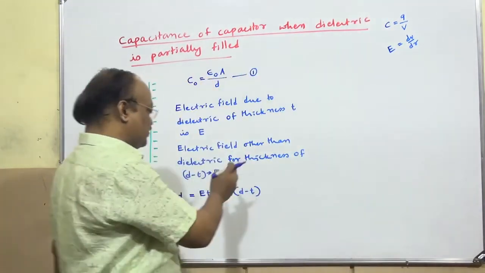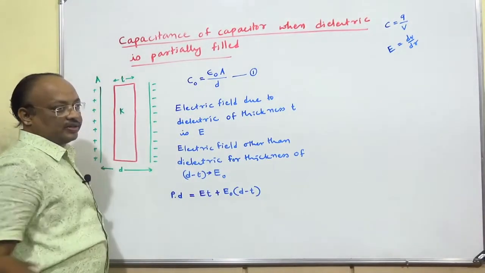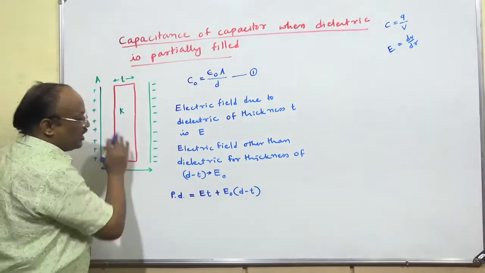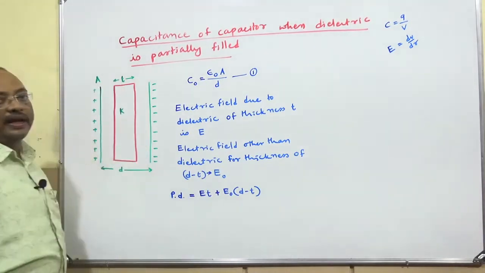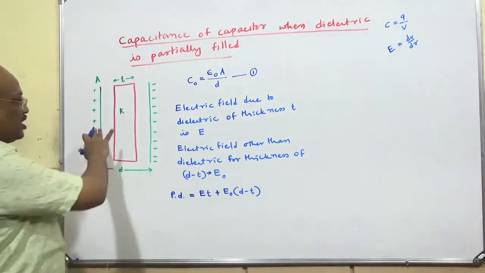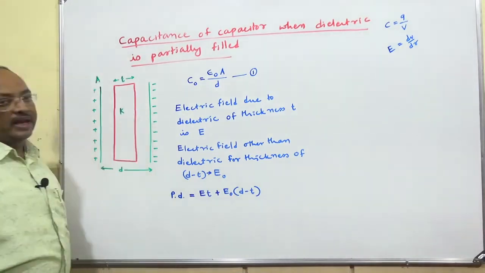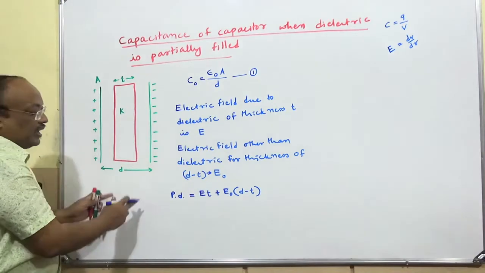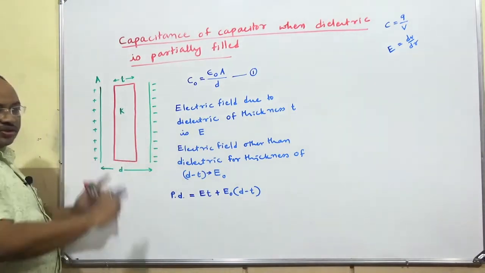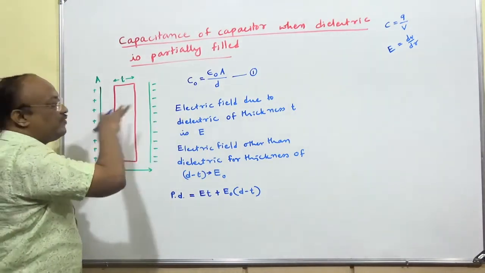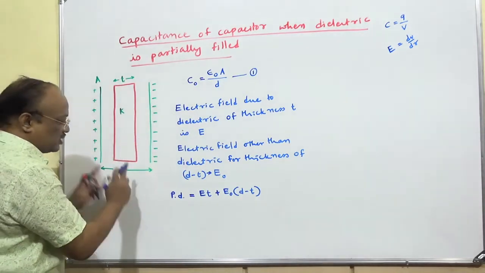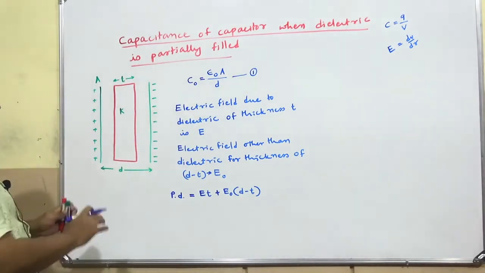Here the distance we are taking is the thickness. E into T will give you the potential difference across the capacitor. When we connect a battery across this, an electric field will develop.